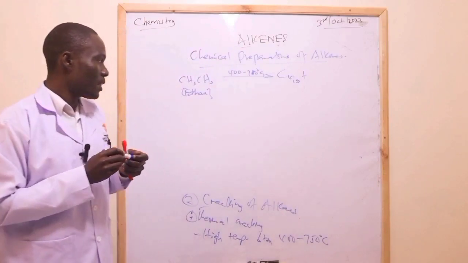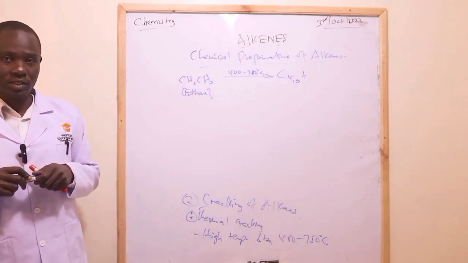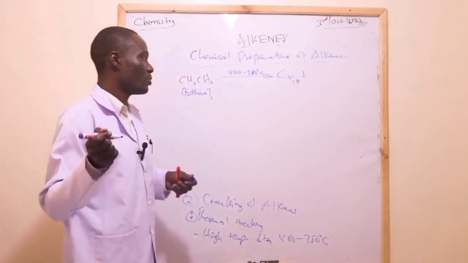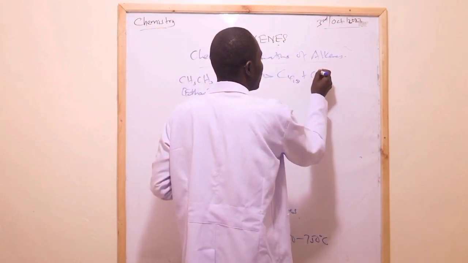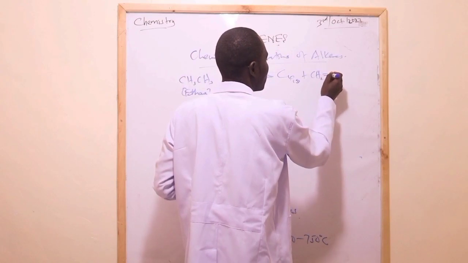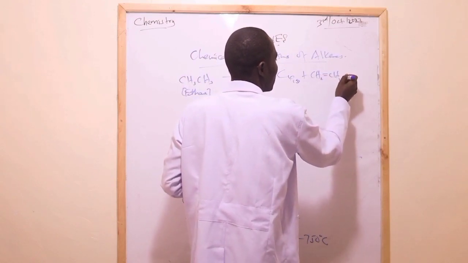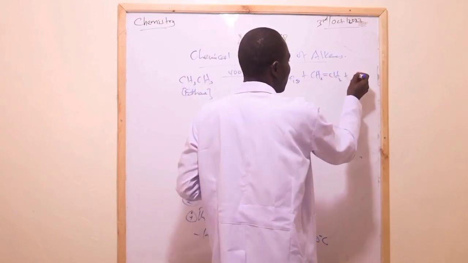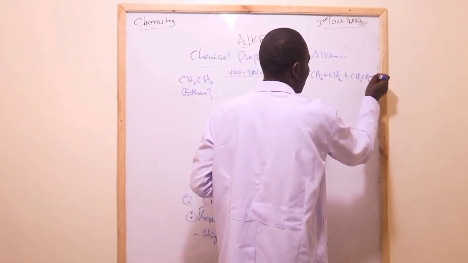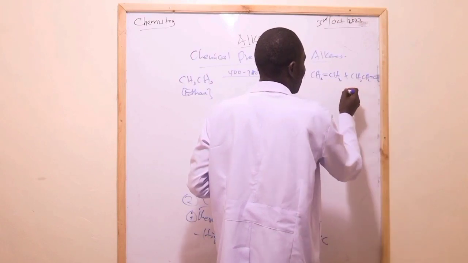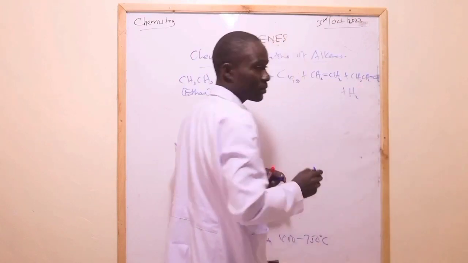You will form the next two members of now alkenes. So therefore, you'll have methane, ethene plus propene, CH3CH2 double bond CH2, plus hydrogen.